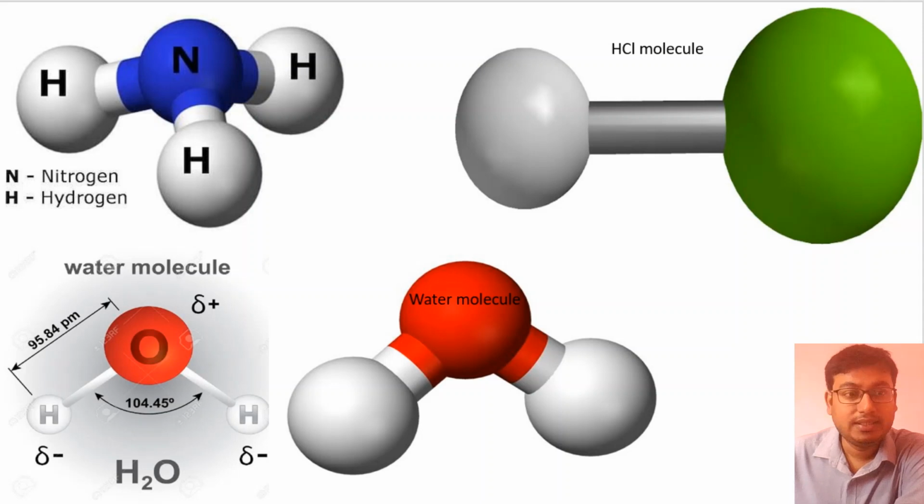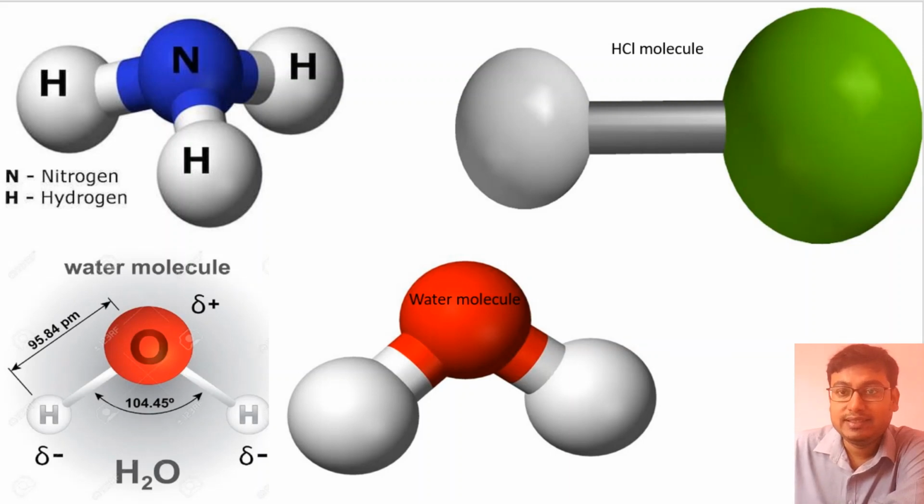Suppose these three hydrogen atoms are touching the bottom surface, then the center of the electropositivity will lie somewhere at the center of the triangle made by these hydrogen atoms, and the center of electronegativity of the nitrogen atom will lie above it. So that means there is a gap between the positive charge and the negative charge, and so it makes a permanent dipole molecule.